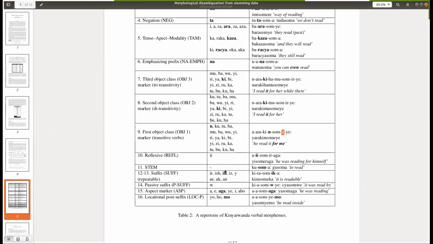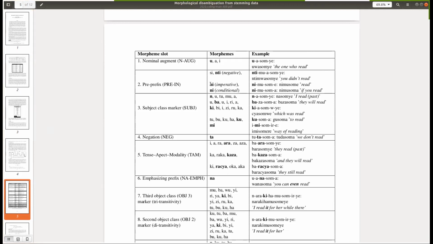One other interesting thing is that morphemes, even if they have the same string, can mean two different things. So, for example, in the prefix, you have ni. When the word ends with e, it means imperative. Nimusome igitabo. So ni, it's kind of commanding someone to do something. This other ni is in the same slot, but it's a totally different morpheme that has a different meaning.